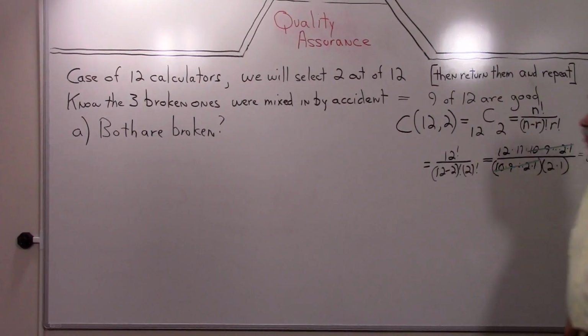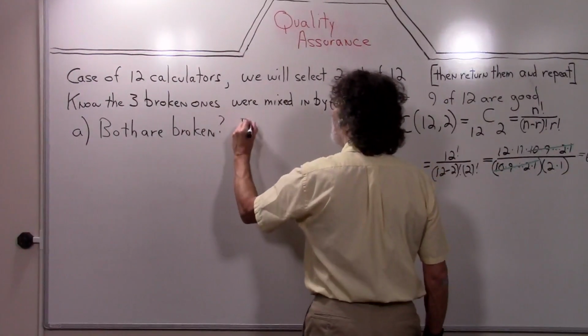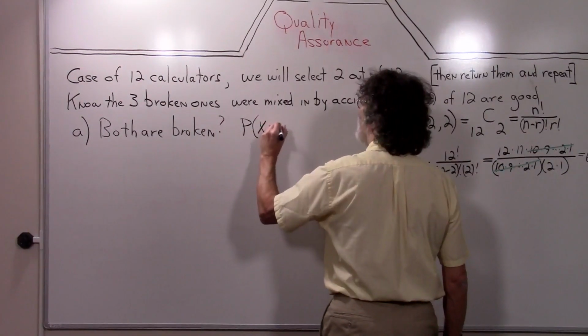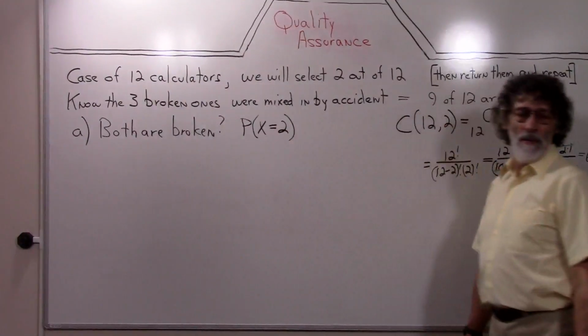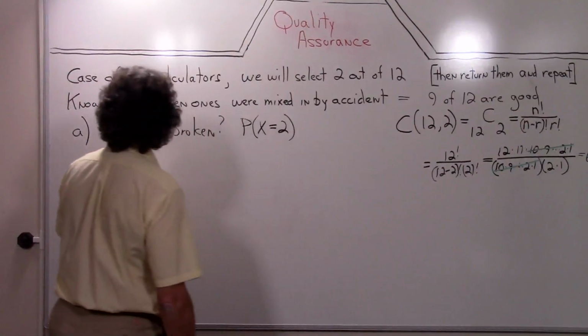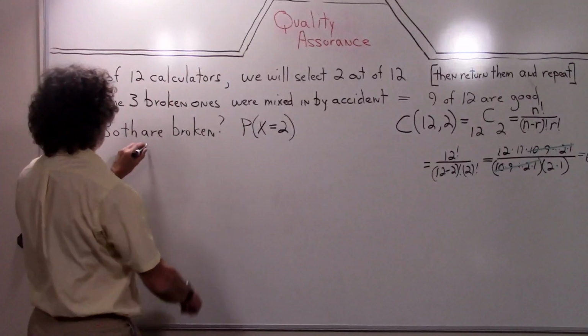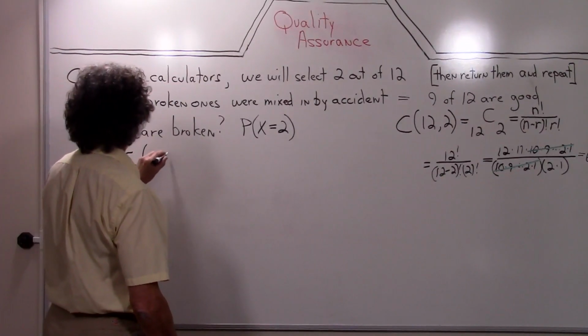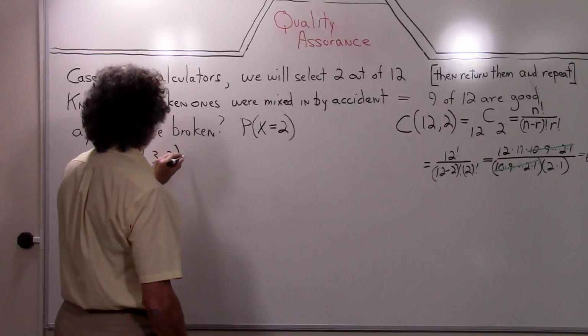So to find the probability that both are broken, that would be the probability that x is equal to 2, both are broken, is going to be how many ways can we select the broken ones out of this total of 66 ways. So let's write that up here. We've got the combination. We have 3 broken ones, so the combination of 3 selected 2 at a time.